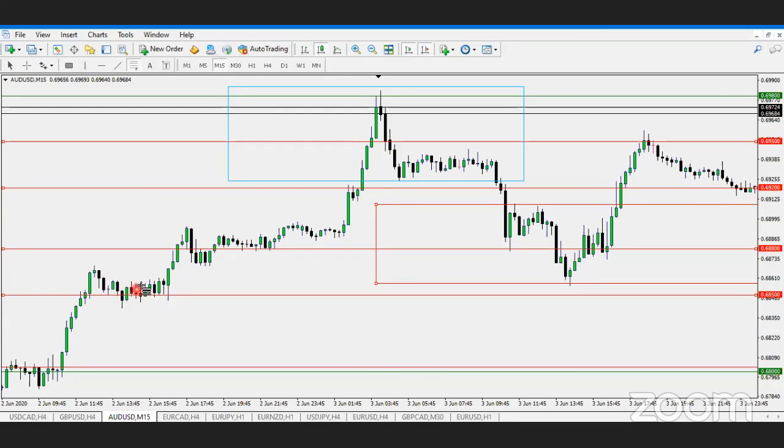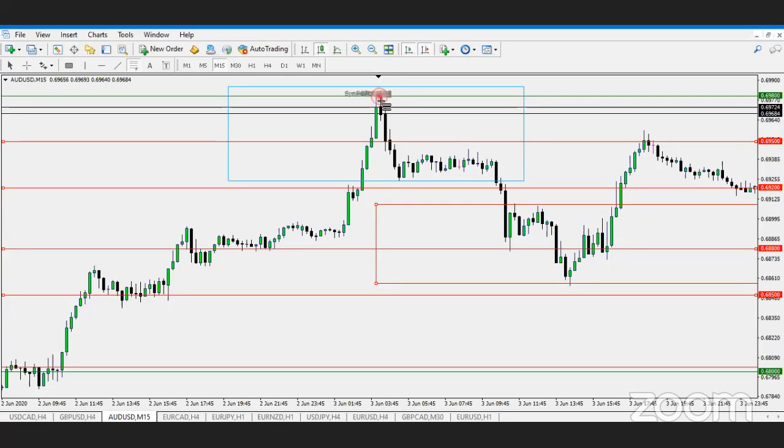You can see price is trading within our level over here, and price rallies and breaks our 800 level, rallies up, a little bit of hesitation here at our 200 level, and then rallies into our next 800 level over here.